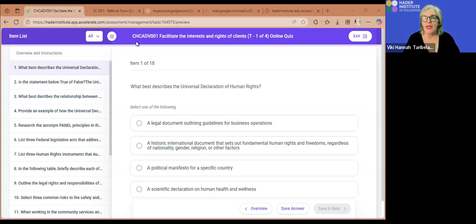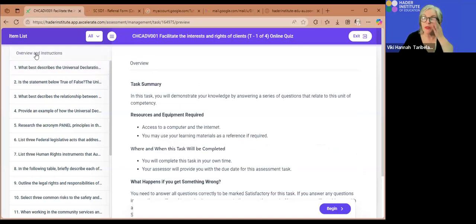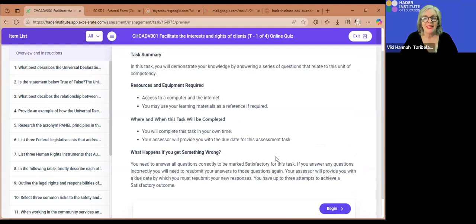So with this one, CHCADV001, and it says T1, so it is task 1 of 4, which means there's 4 tasks attached to this as well. And with task 1, there are 18 questions. Let's just have a look at some of those. So I'll just give you a quick overview with this task 1. Some of them are multiple choice questions, automatically marked as well.